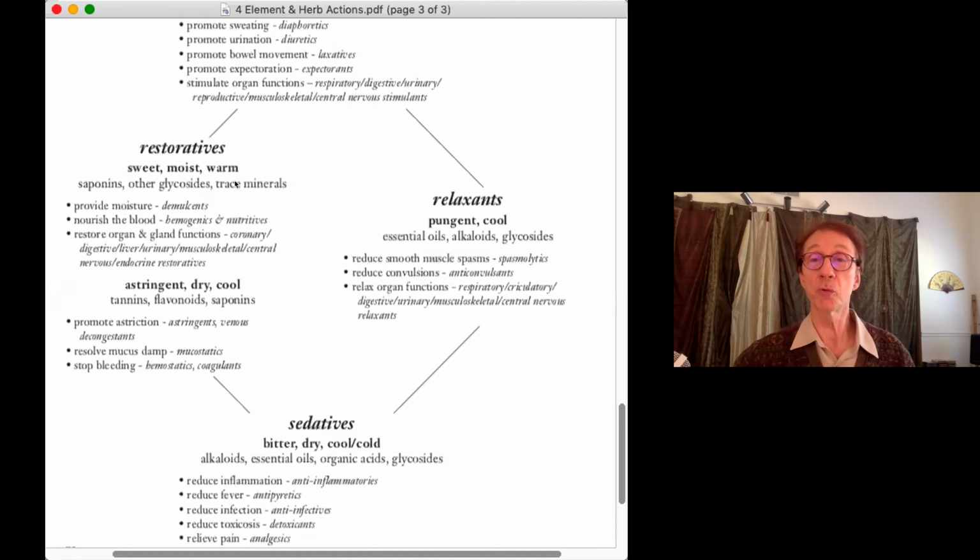There's a quick communication through the hormones between the brain and the digestive tract, right? A big part of the nervous system is in the digestive tract, right? So these restoratives, these tonics, are highly relevant nowadays, the sweet, moist, warm tonics.